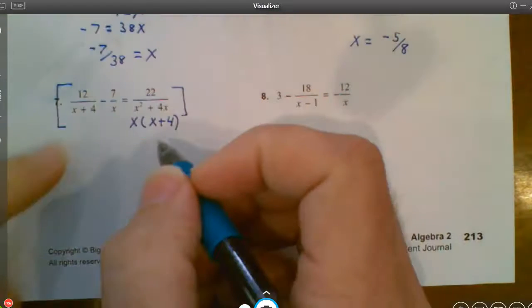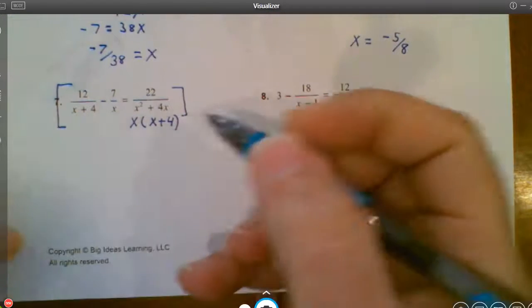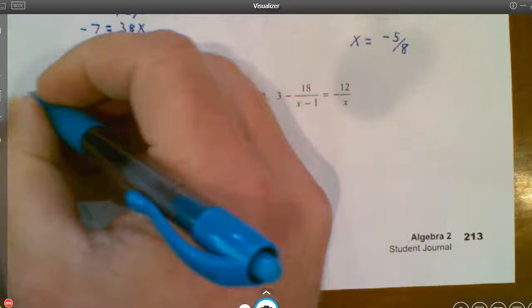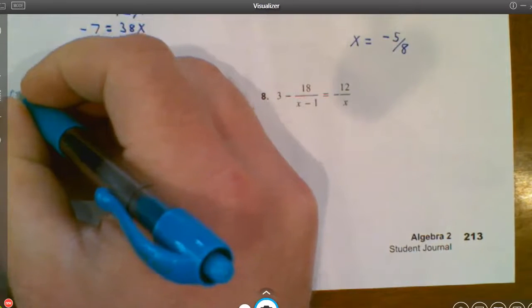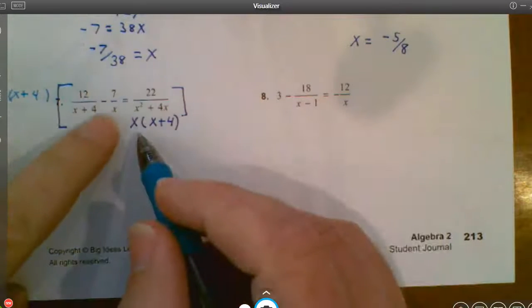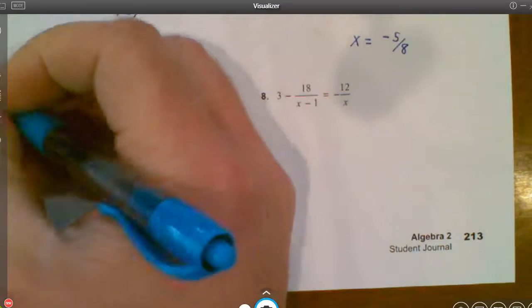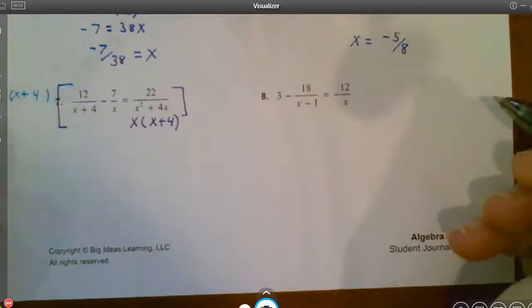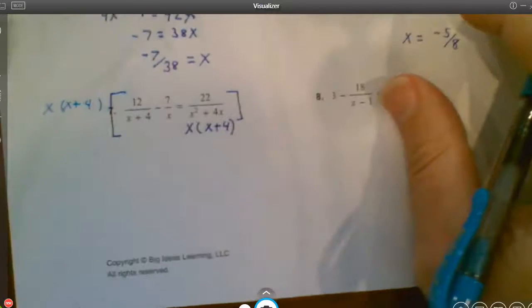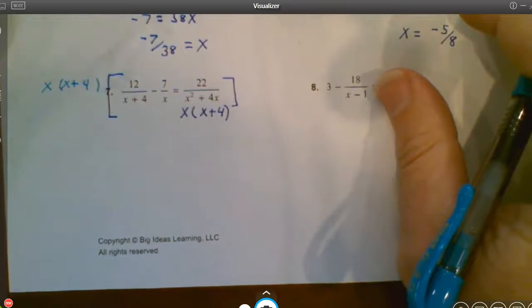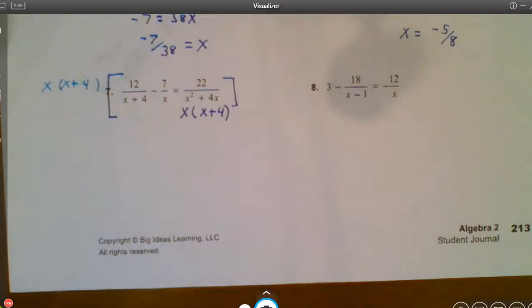We're going to need something to cancel out the x plus 4s, which would mean we're going to need x plus 4. I'm also going to need something to cancel out those x's, so we're also going to have to include an x. That's what we're going to distribute to everything in order to get rid of those denominators down there.